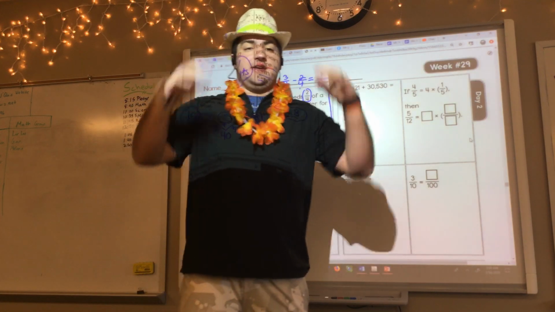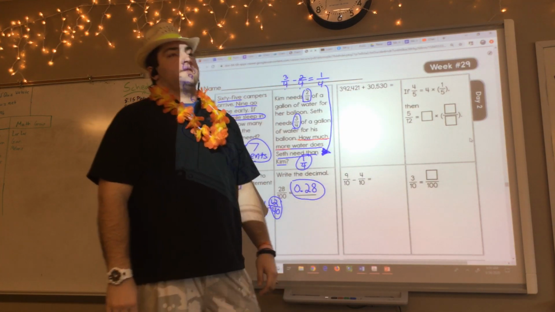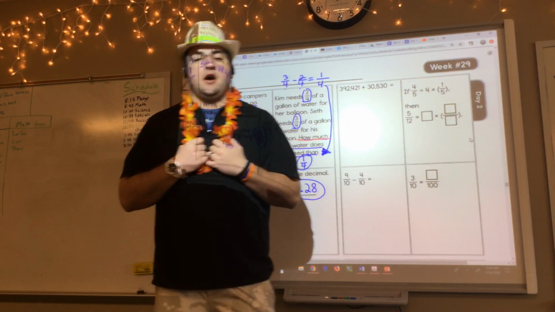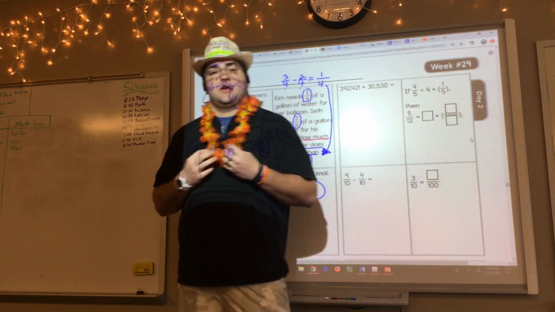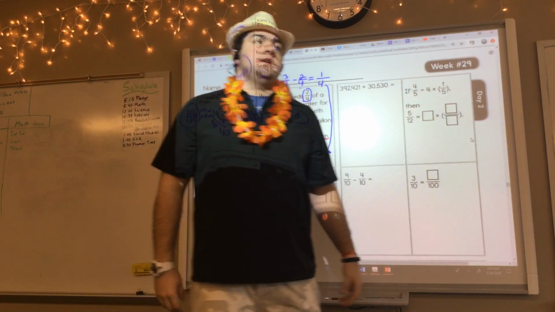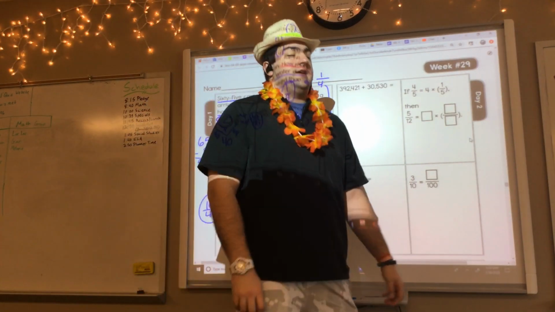As for my outfit right now, I've got my lei on, my Hawaiian hat on, my fresh cut. It is our virtual online fun week, so we're doing dress up days. It is posted on my website, on my homepage, so you can go check out what days we're doing. Today is beach day, so that's why I have the beach outfit on. Tomorrow will be sports day, and then Wednesday is wacky Wednesday.